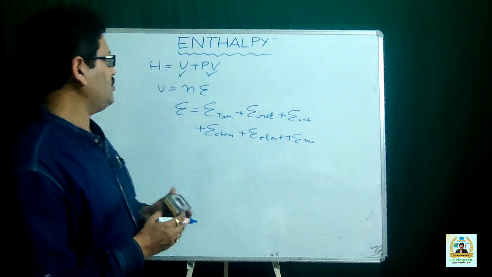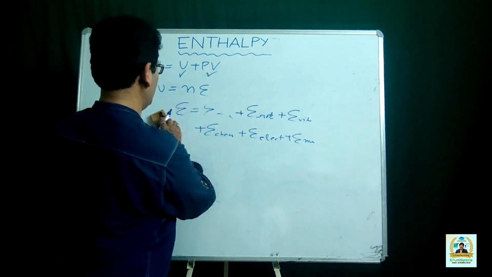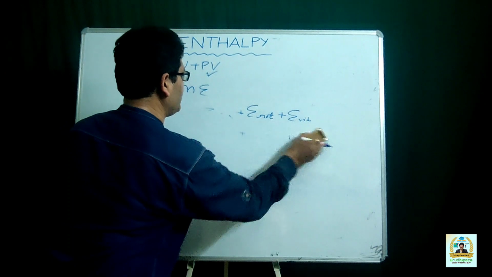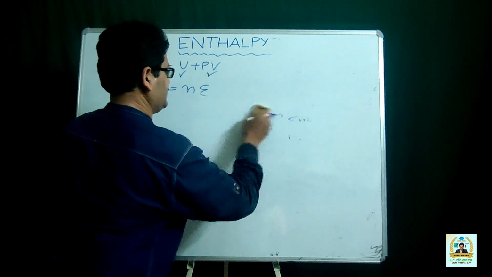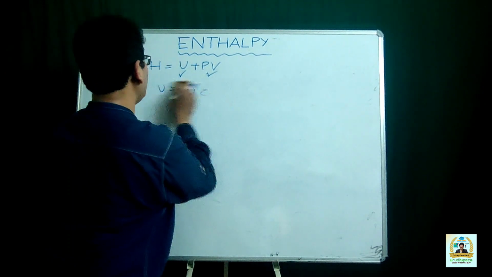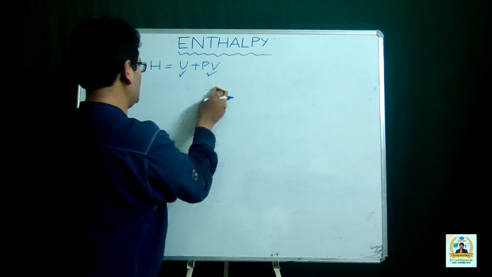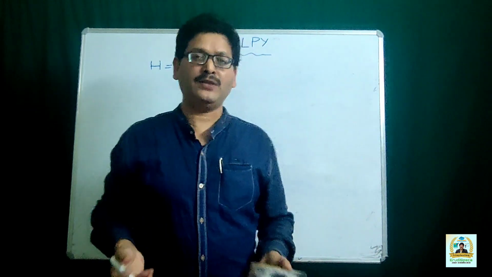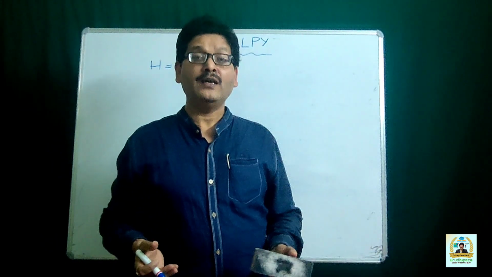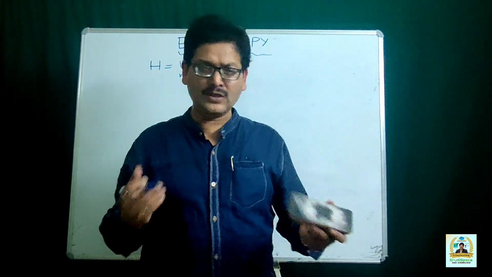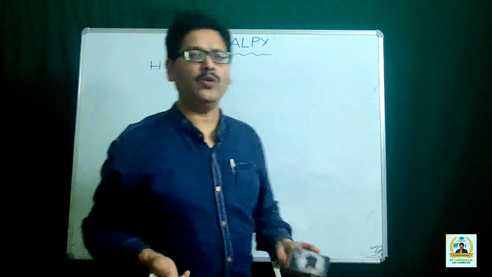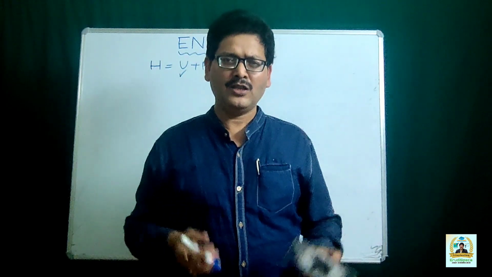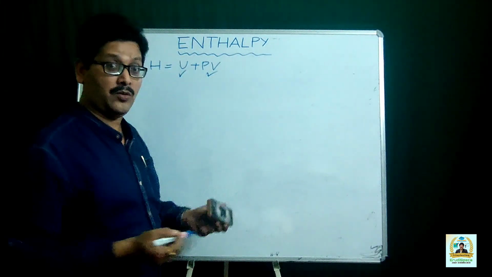When it comes to PV, what is that PV and what is the significance of PV, that we'll discuss. PV is actually the amount of energy required to give physical dimension to the substance. All of us know that at absolute zero temperature, the volume of any substance is zero.